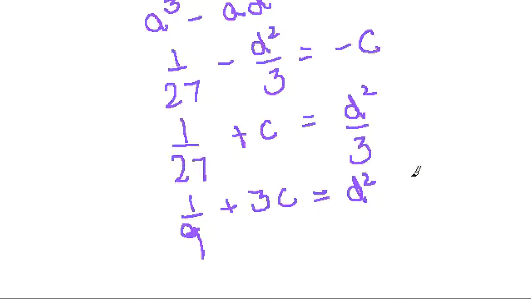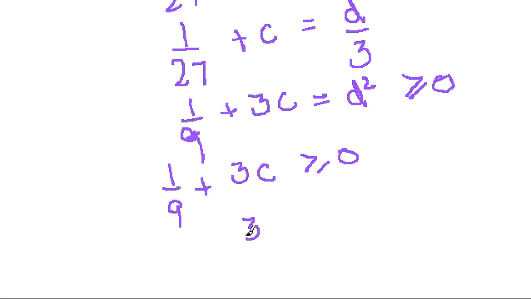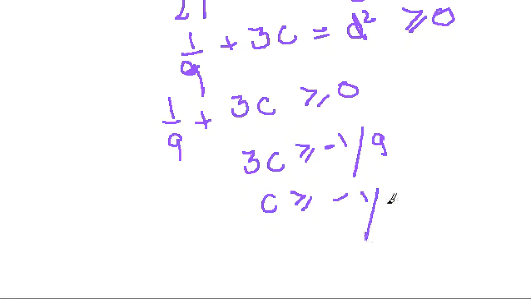Now again d square has to be greater or equal to 0 for d to be real. So 1 upon 9 plus 3c has to be greater or equal to 0. So 3c has to be greater or equal to minus 1 upon 9. We took 1 upon 9 to the other side.